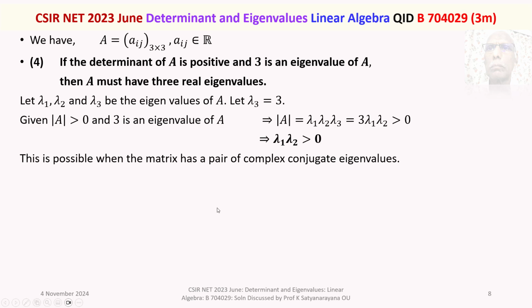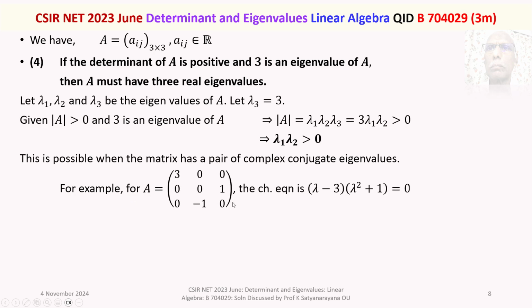But if you want a counter example, I will show you. For example, take a 3 by 3 matrix A whose first row is 3, 0, 0, second row is 0, 0, 1, and the third row is 0, minus 1, 0. The characteristic equation of this matrix is lambda minus 3 into lambda squared plus 1 equals 0.